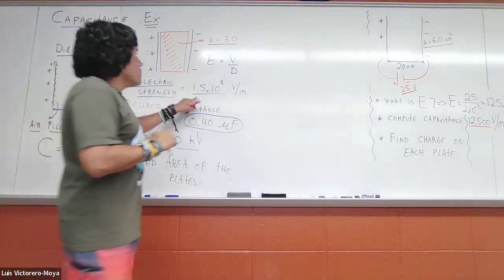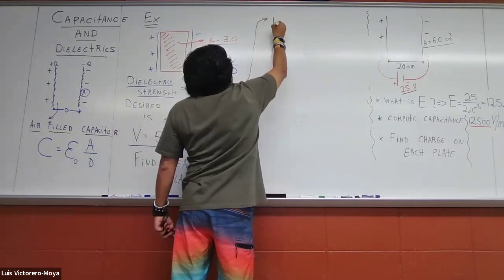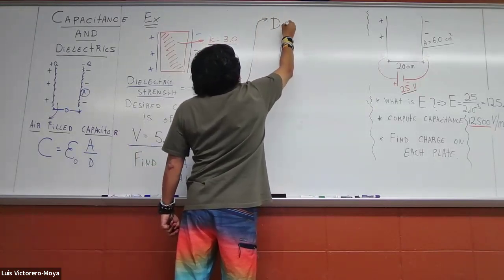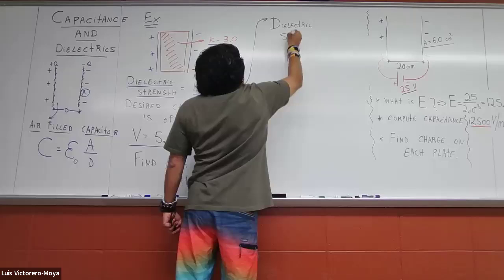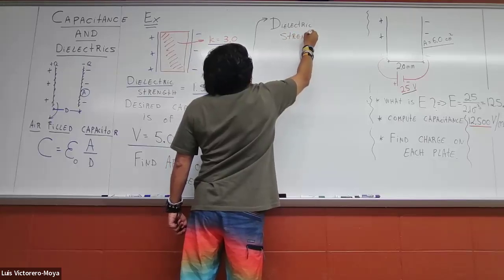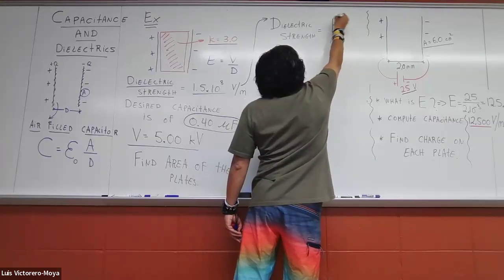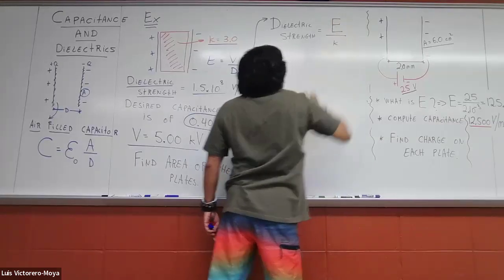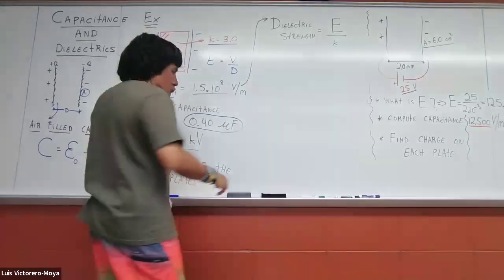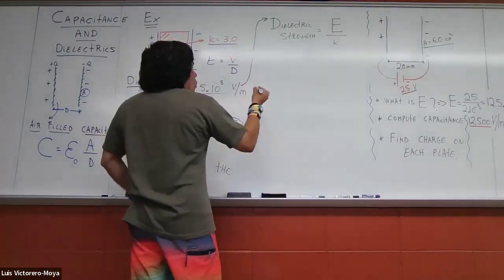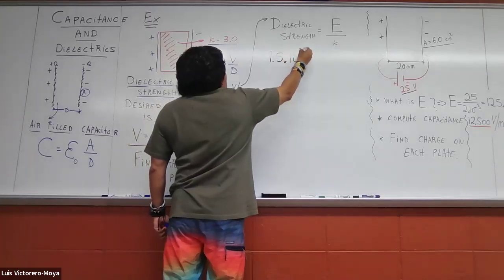So the dielectric strength is equal to the original electric field divided by K. That dielectric strength is 1.5 times 10 to the 8.